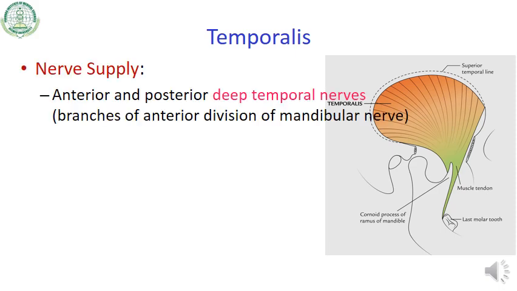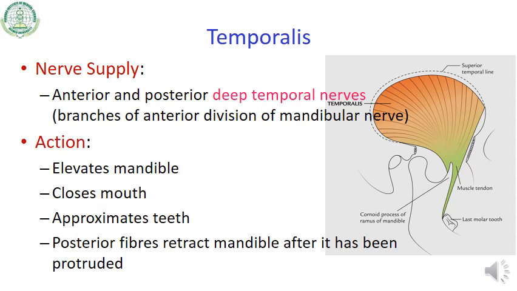As I told you, this is one of the muscles of mastication derived from mesoderm of the first pharyngeal arch. It should be supplied from the mandibular nerve. So nerve supply to the temporalis is anterior and posterior deep temporal nerve. These two deep temporal nerves, they are branches of anterior division of the mandibular nerve.